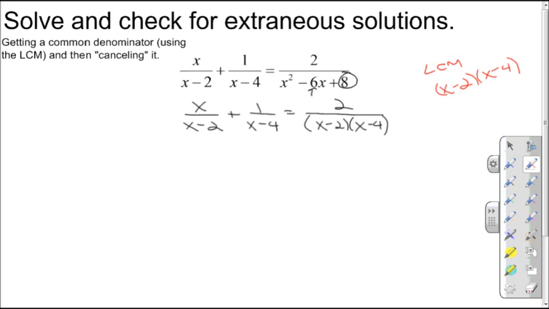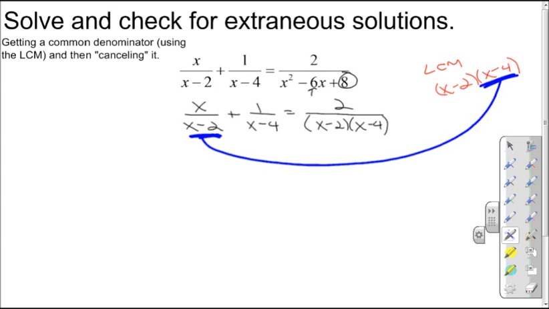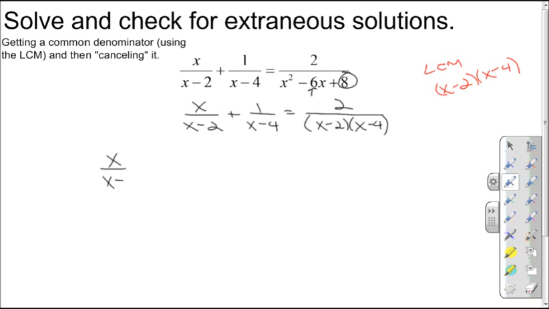Okay? So that would just be gotten by taking these individual factors and multiplying them together, which you would then wind up with the denominator that you see on the other side of the problem. So in using that LCM to make the common denominator, this x minus 2 is missing the x minus 4, so I'll multiply that in.